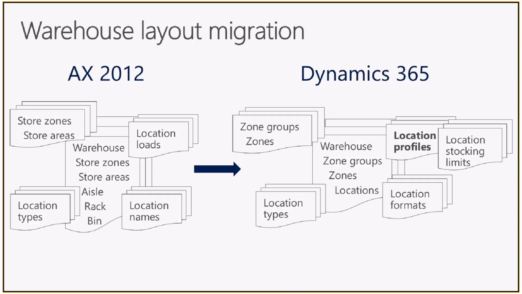One is taking care of volumetric calculations for storage capacity, similar to the location loads in AX 2012. You may also want to drive business decisions with the location profiles, such as whether you're allowed to store mixed items, stock keeping units, on the same location, or mixed batch numbers, and we have a new concept of inventory status values as well. And definitely the most important thing that you need to consider as part of a migration is whether the locations are license plate tracked or not.